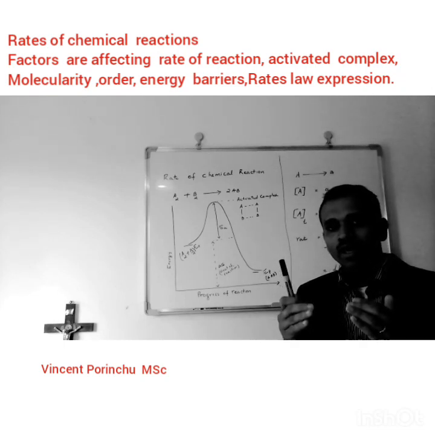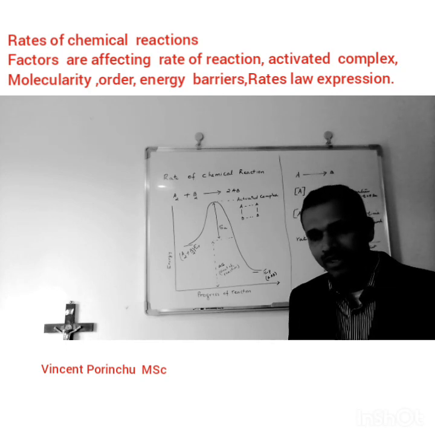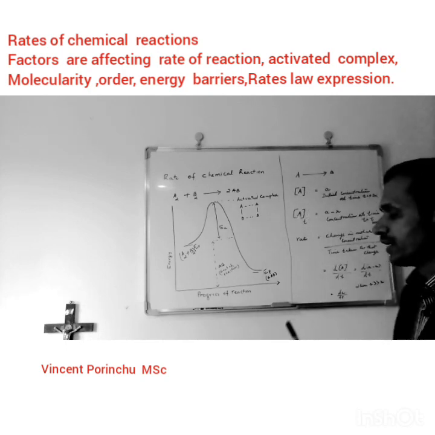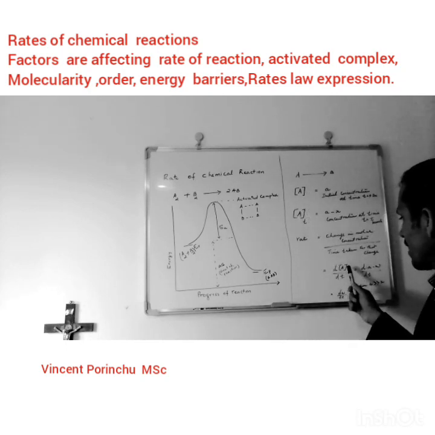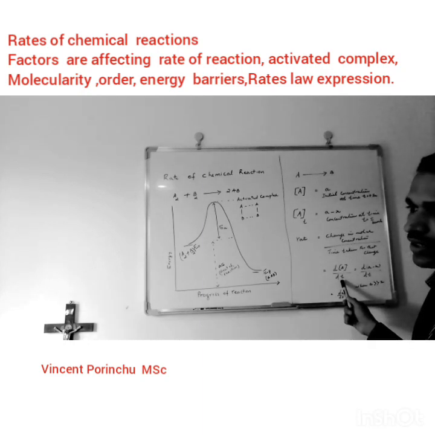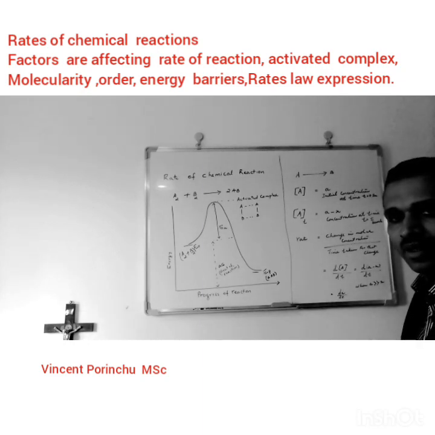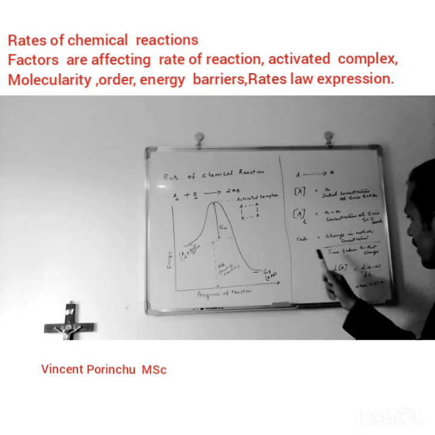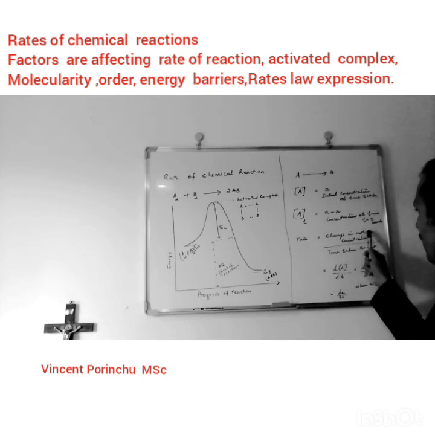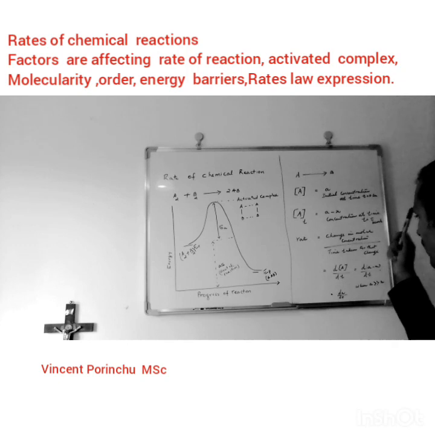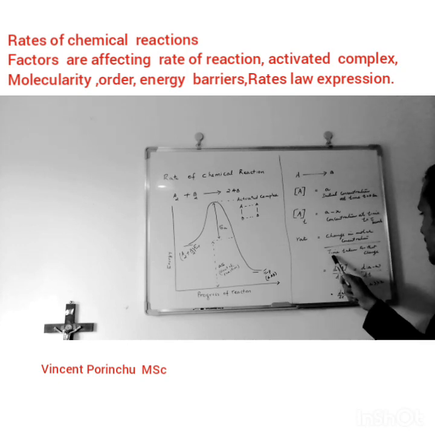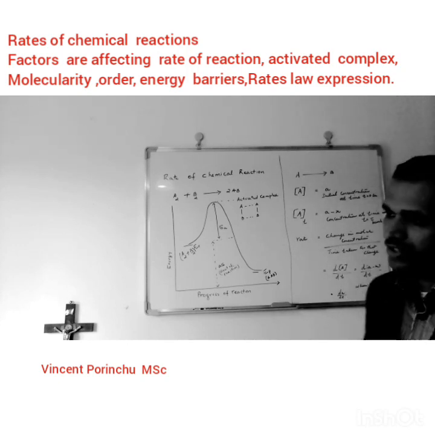The rate of a chemical reaction is equal to the change in concentration of A divided by the time. So we can write the rate as the change in molar concentration of reactants by the time taken for that change.